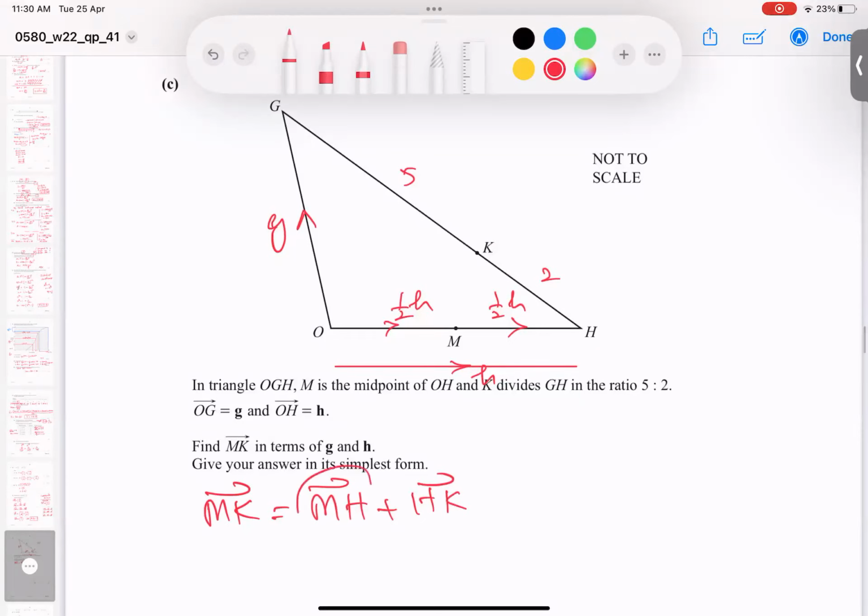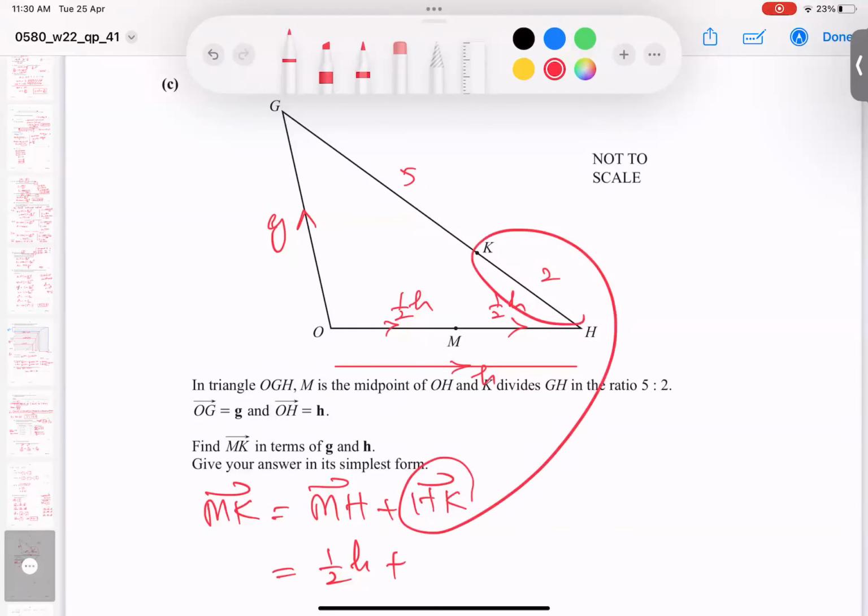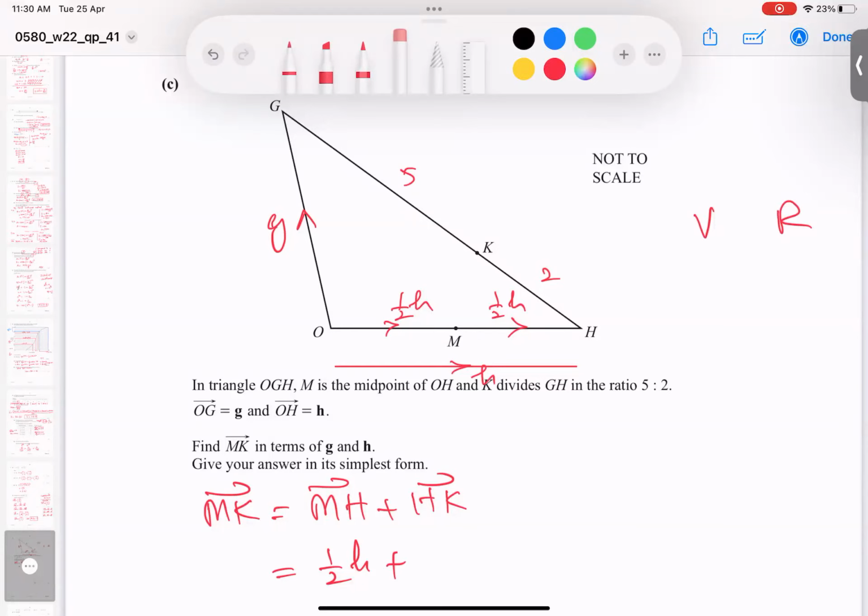Now M to H is what? Half H. This is not a big trouble. Trouble is how to get HK. For this reason, I write here V for vector, R for ratio. On this vector line, we have three vectors.